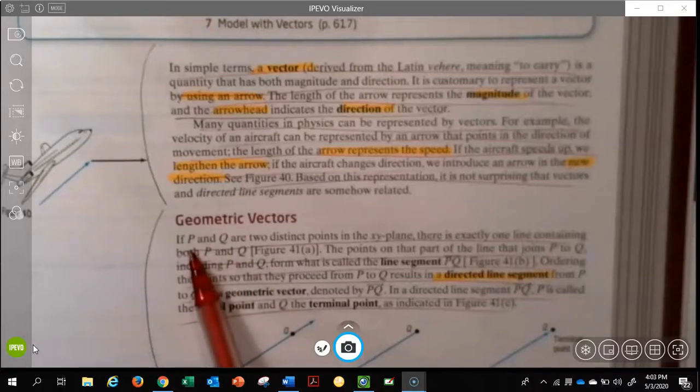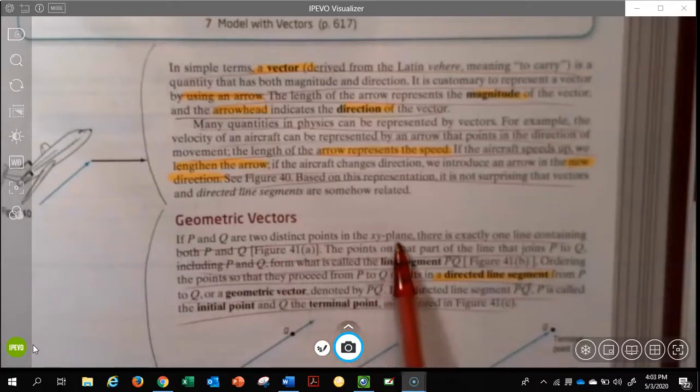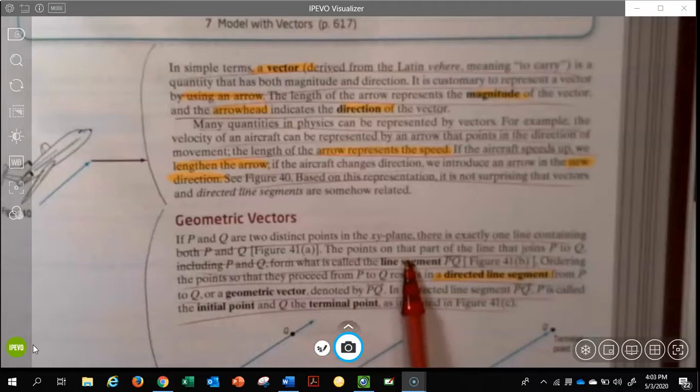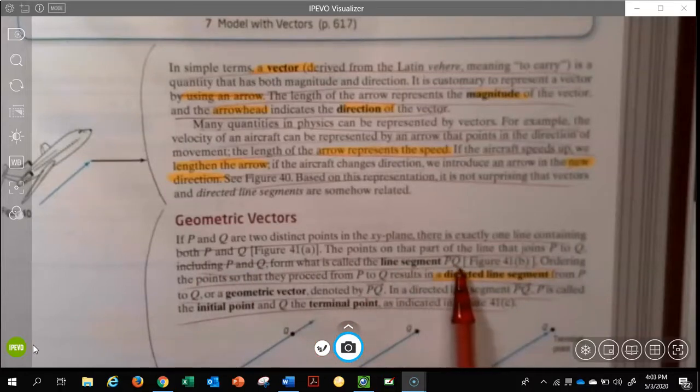So geometric vectors: if P and Q are two distinct points on an XY plane, there's exactly one line containing both P and Q. The points on that part of the line that joins P to Q, including P and Q, form what's called a line segment, or line segment PQ.